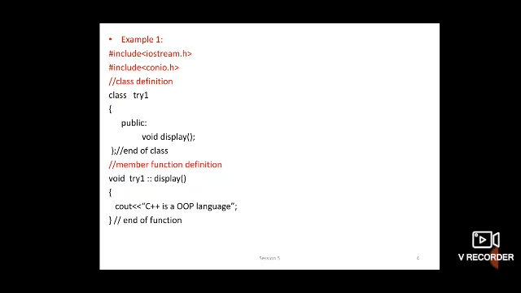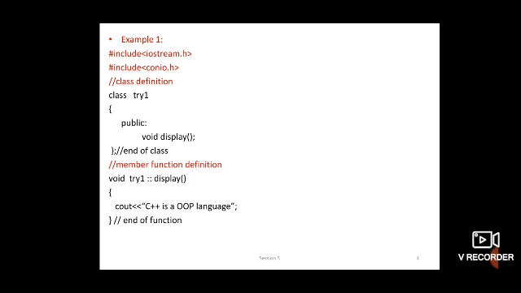Void main, where void is the return data type, and main. Main means that when the program is run or compiled, the compiler goes first to main, and through main the whole program runs. So this program is not complete because main is not there.